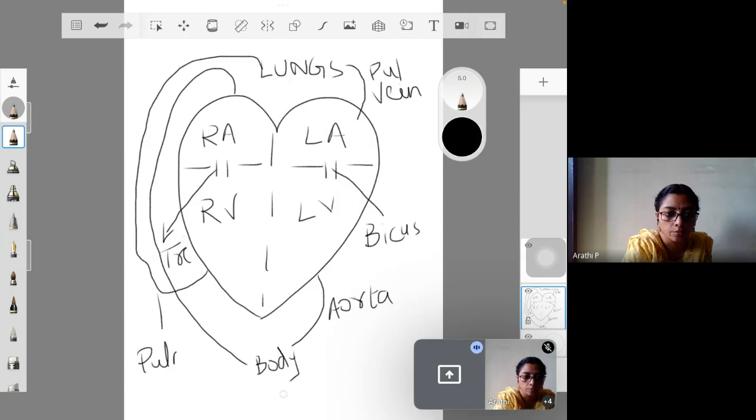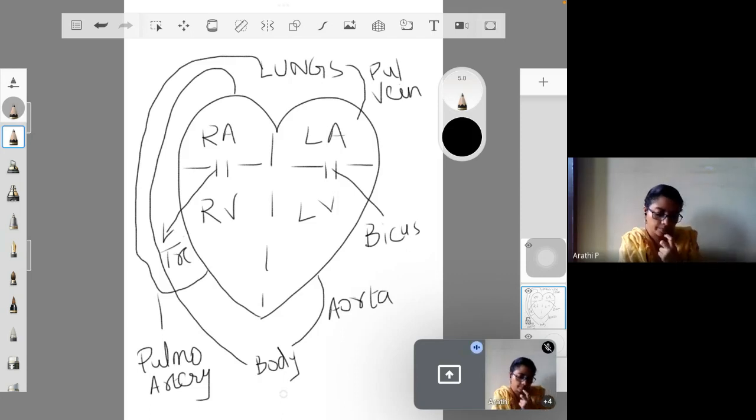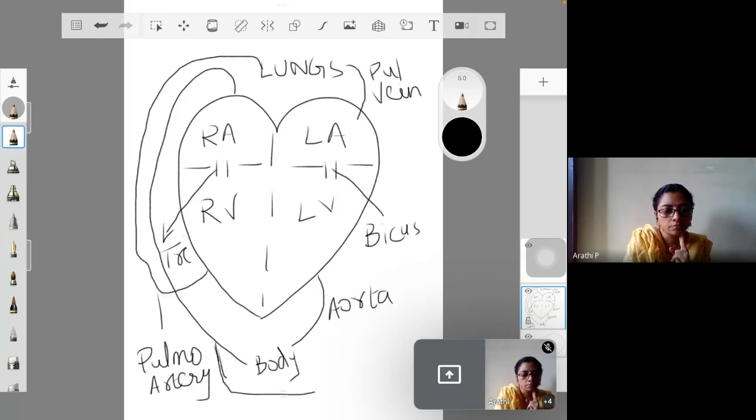The one which is interacting with the lungs is pulmonary. So this is pulmonary artery. And the one which is interacting with the body is aorta. This is called as vena cava. Upper part is superior, lower part is inferior. So this is inferior vena cava.